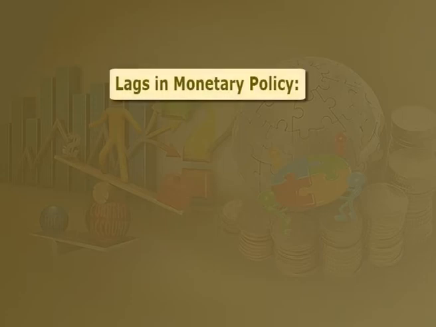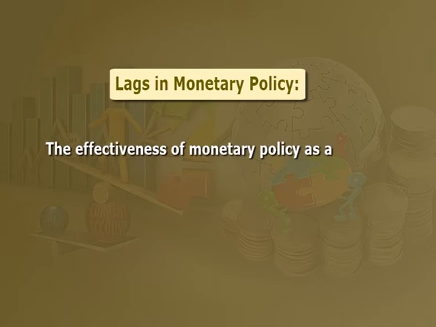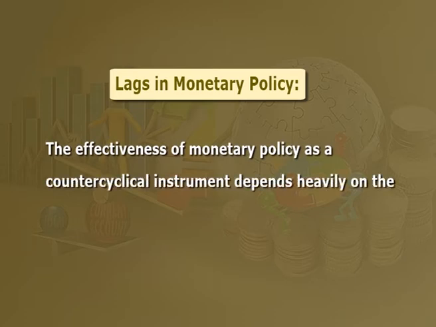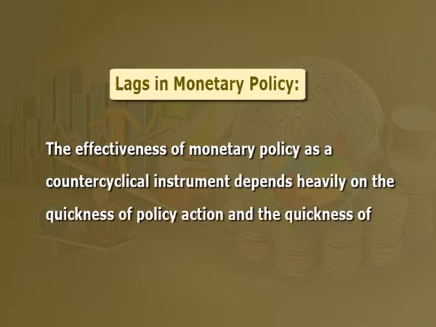Now friends, let us have a look at lags in monetary policy. The effectiveness of monetary policy as a counter-cyclical instrument depends heavily on the quickness of policy action and the quickness of response of the economy.